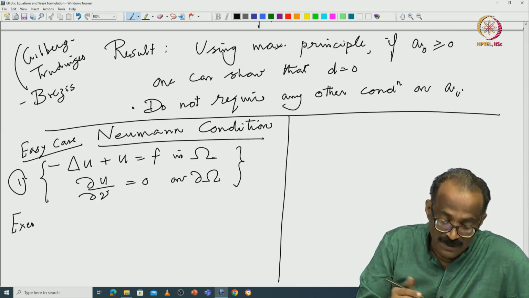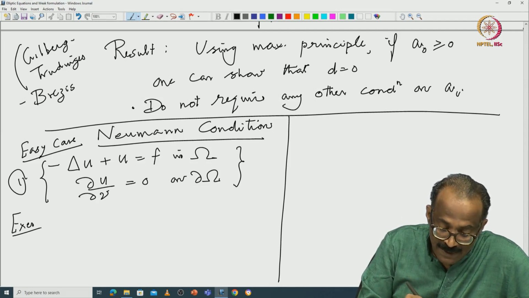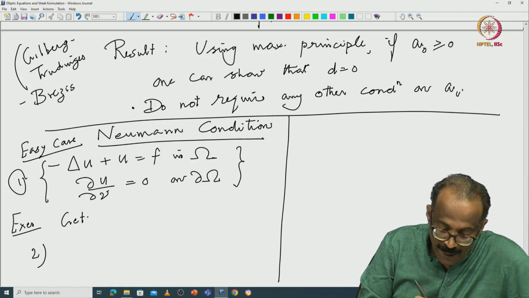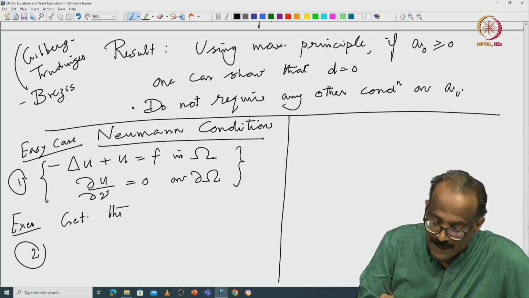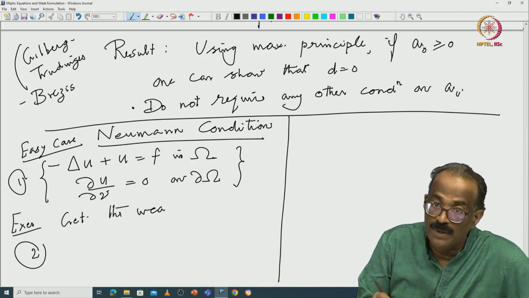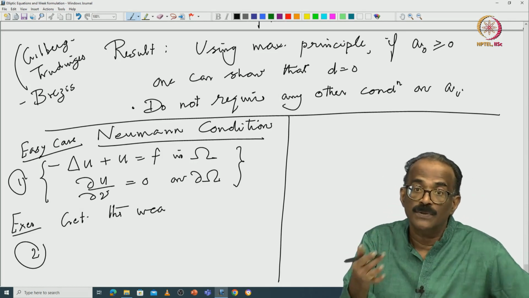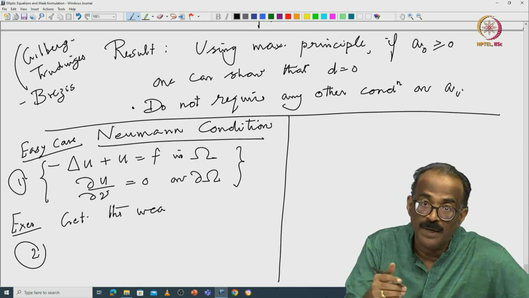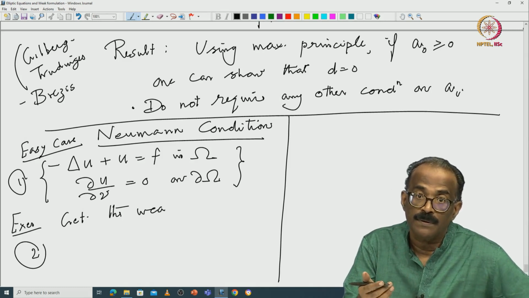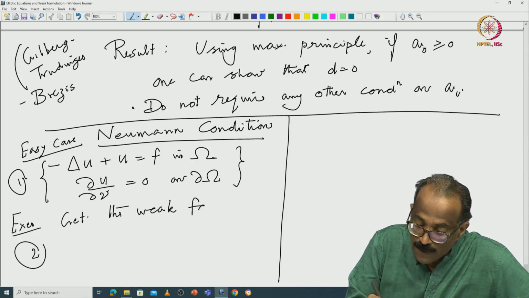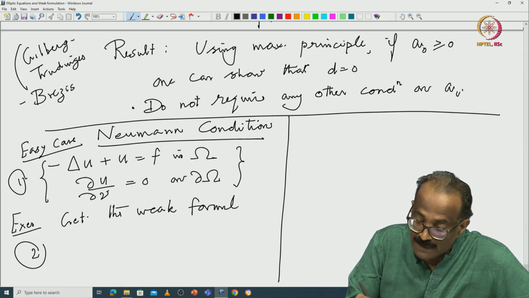One is a weak solution exercise: get the weak formulation. Now you cannot work with H1 naught of omega because u is no longer 0. So you are looking for du by d nu equal to 0, so you have to work with the weak formulation.